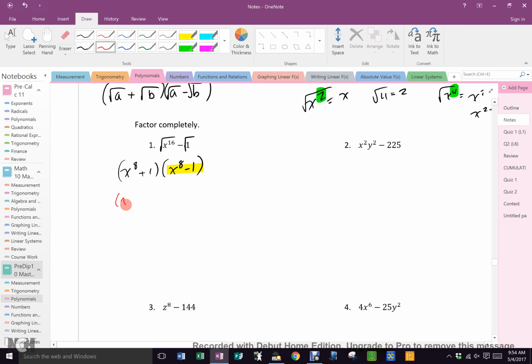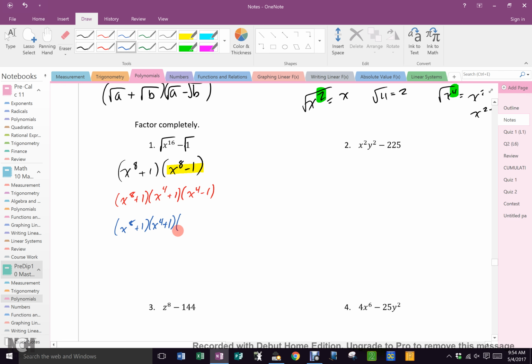Can I forget about this guy? No. x to the 8th plus 1, and this is now going to be what? x to the 4th plus 1, and then what? x to the 4th minus 1. Am I done? Why? Is that a perfect square? So I've got to keep going. Can I forget about the first two? x to the 8th plus 1, x to the 4th plus 1.